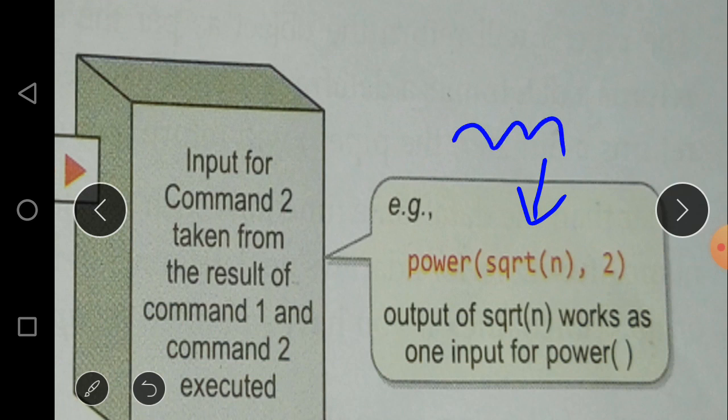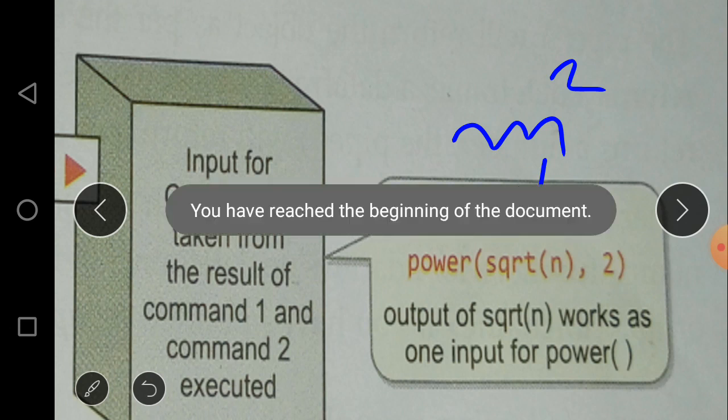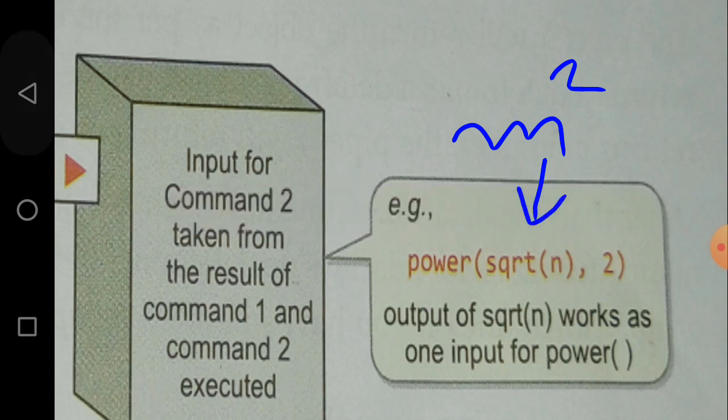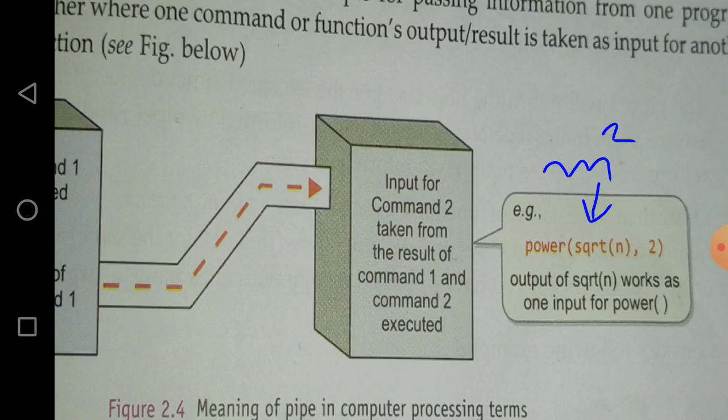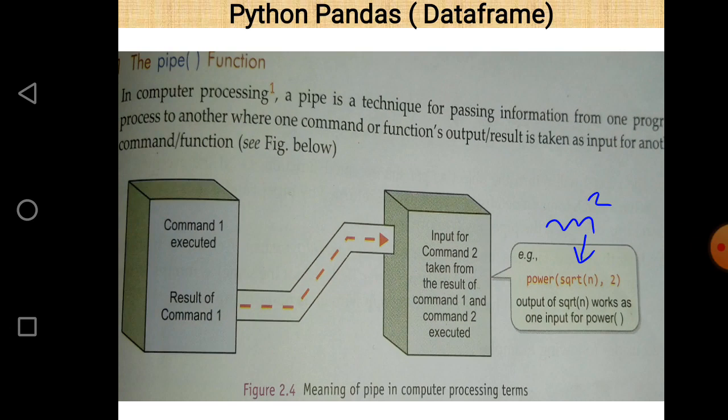Then there is the power function, which takes m comma 2, meaning m squared. So the output of sqrt(n) is the input of the power function, which can be implemented using the pipe function.